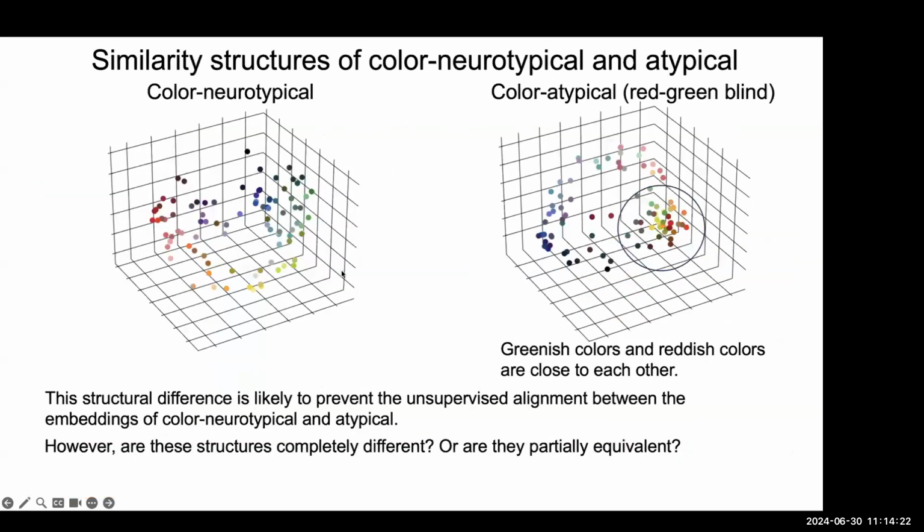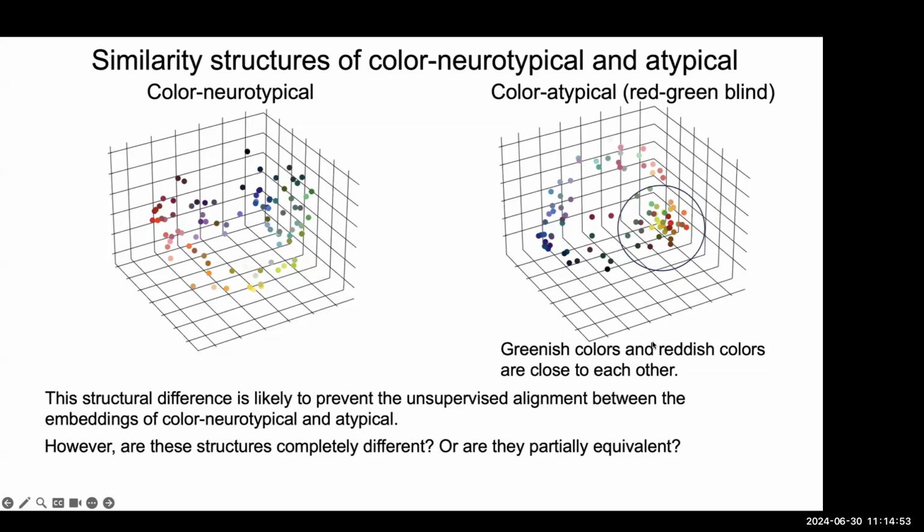The reason why we cannot align between these different participant groups is obviously this structure difference. Our color atypical participants are red-green color blind participants. As a visualization, these are the MDS from color atypical participants.